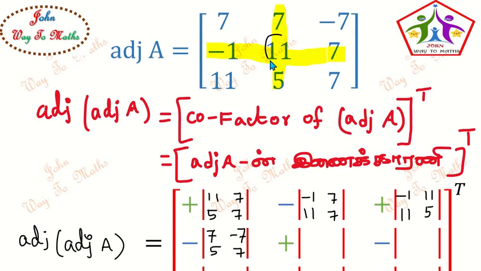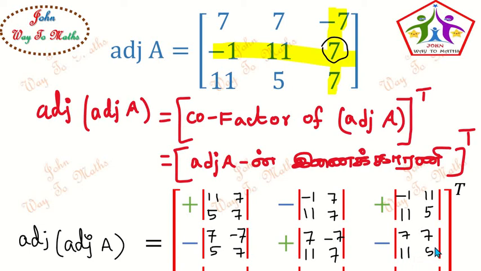Second row, second element, plus 11, the remaining is 7, minus 7, 11, 7. Second row last element, 7, the remaining is 7, 7, 11, 5.